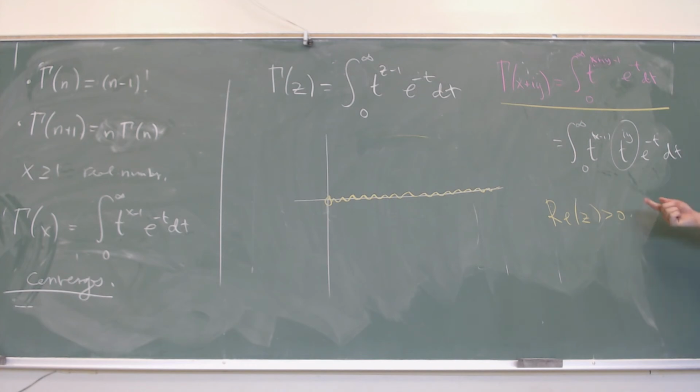Well, remember, t is strictly real here, right? If you take some real t and raise it to an imaginary power, I'll let you think about what 2 to the i pi over 2 is.